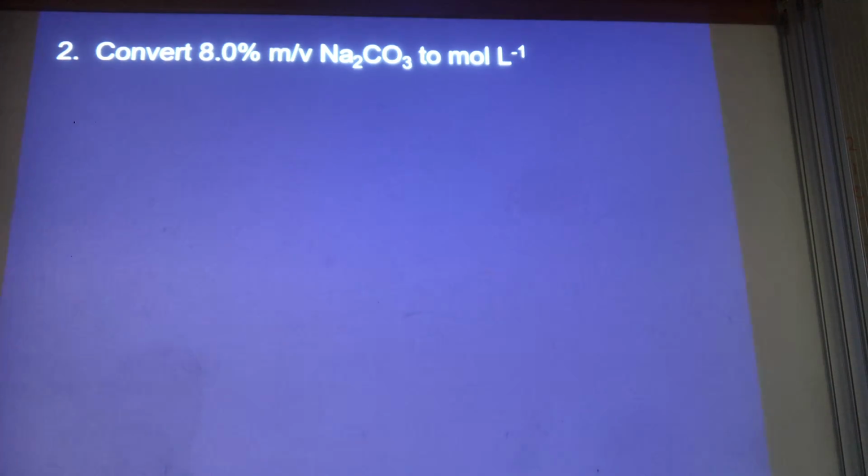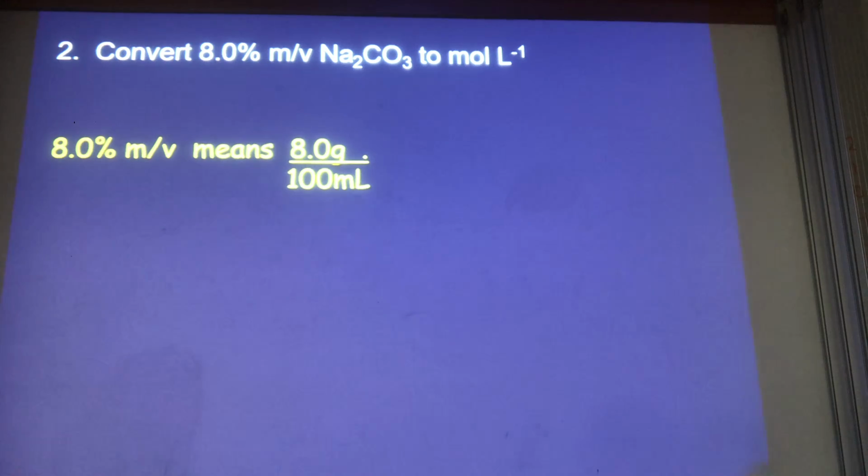8% mass by volume into moles per litre. Now here's where 8% mass by volume, the best way to think about this is it's grams per 100 mils. So 8% by mass means 8 grams in 100 mils. We need to convert that to moles per litre. So our 8 grams has to go into moles, our 100 mils has to go into litres.